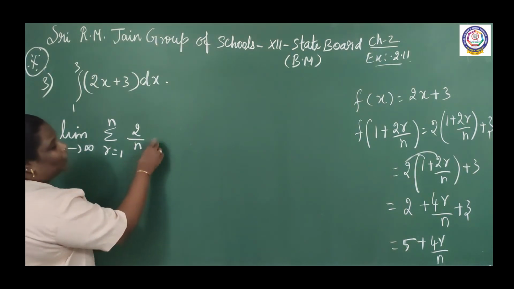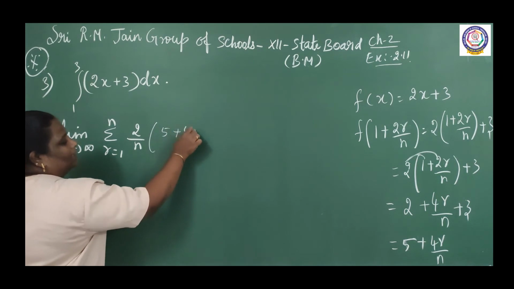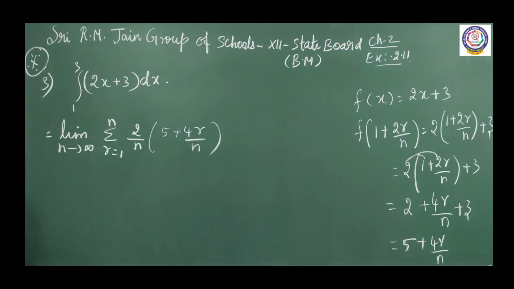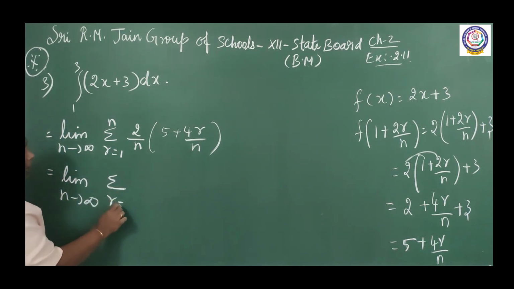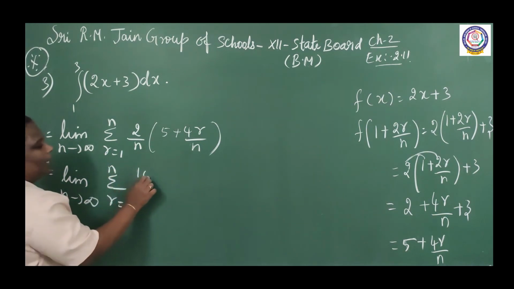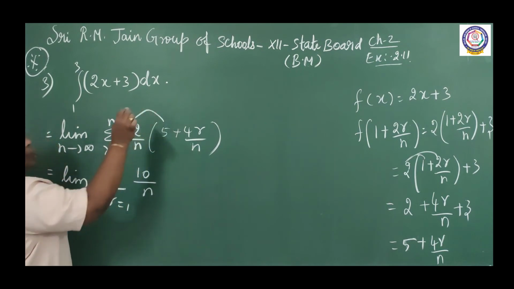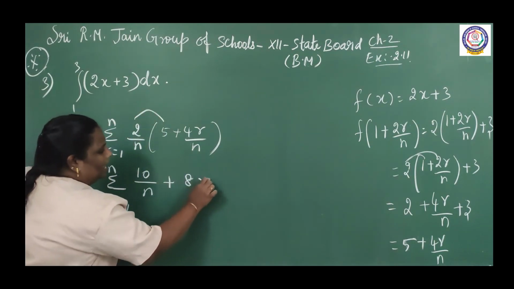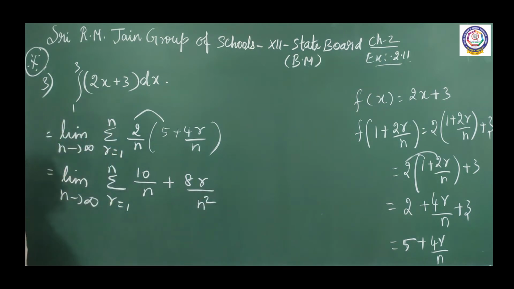What is the value for that? 5 plus 4r by n. So it gives limit n tends to infinity, sigma r equal to 1 to n, 10 by n, 5 2s are 10 by n, plus 8r by n square.